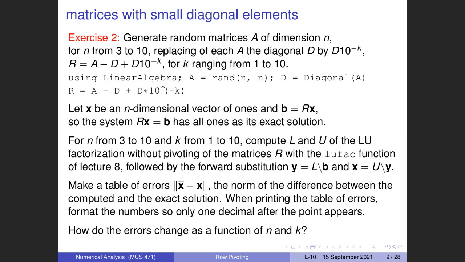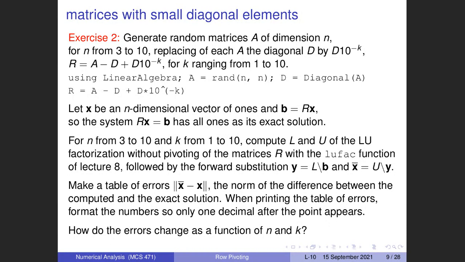The second exercise asks you to build matrices that have smaller and smaller elements on the diagonal. This is an experiment where you take a random matrix and you replace the diagonal with a number that is 10 to the power minus k, where k starts quite large, but then gets to 10 to the power minus 10.